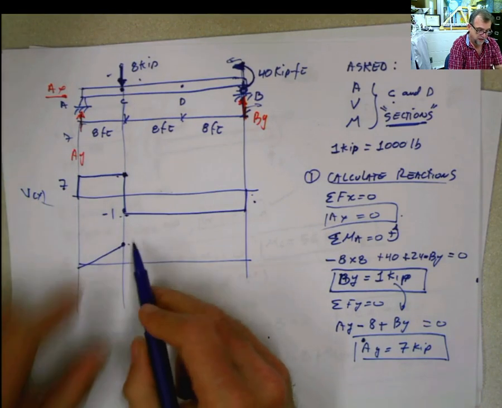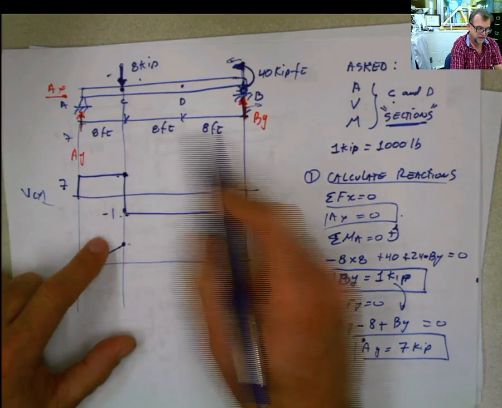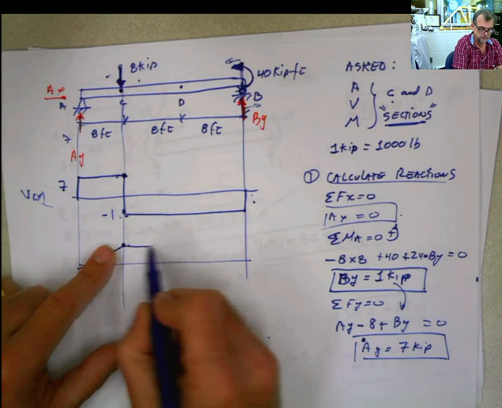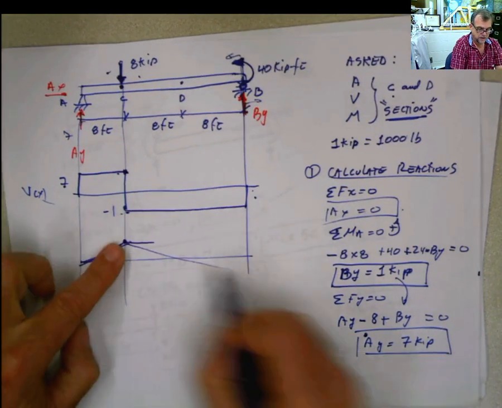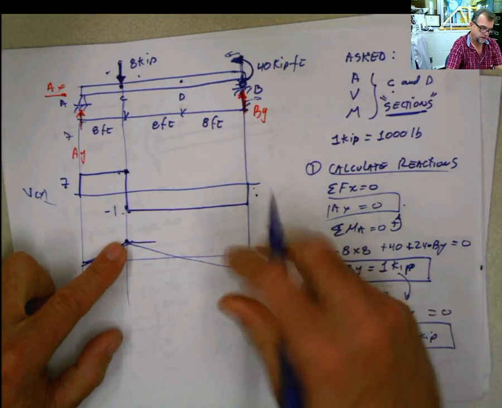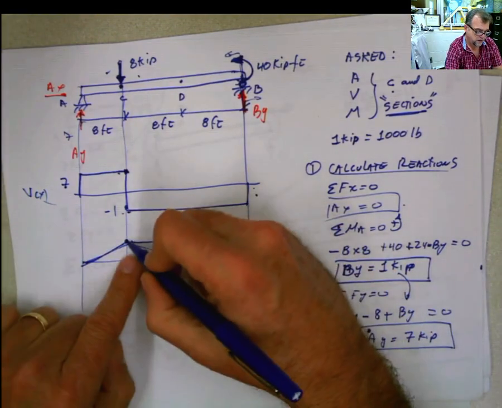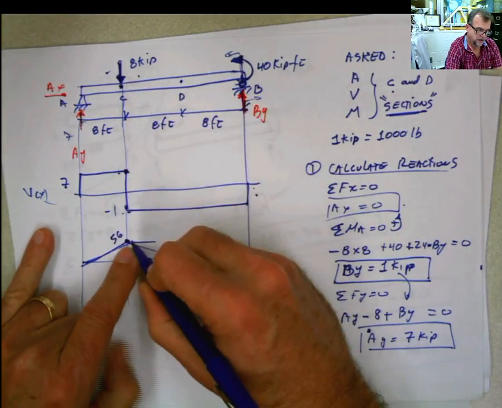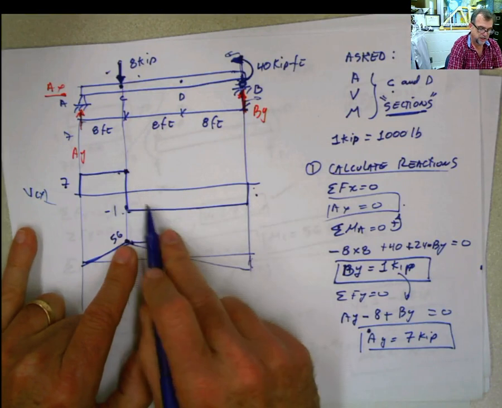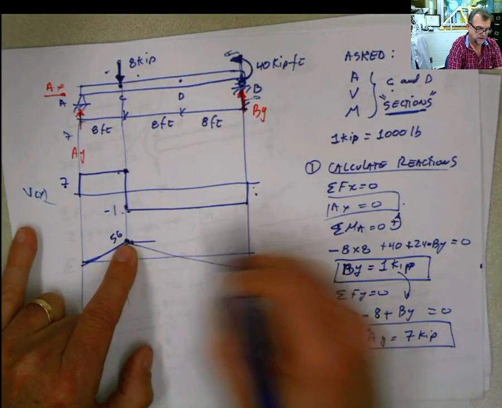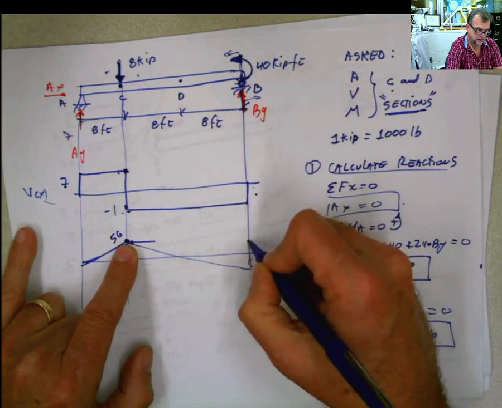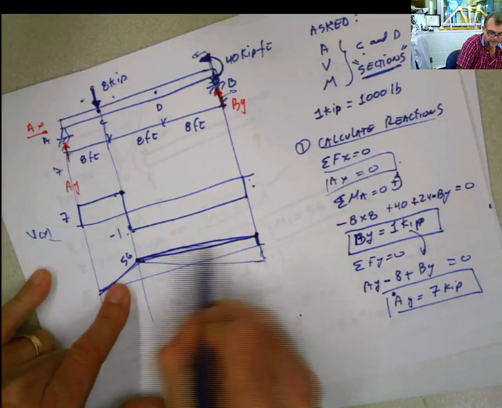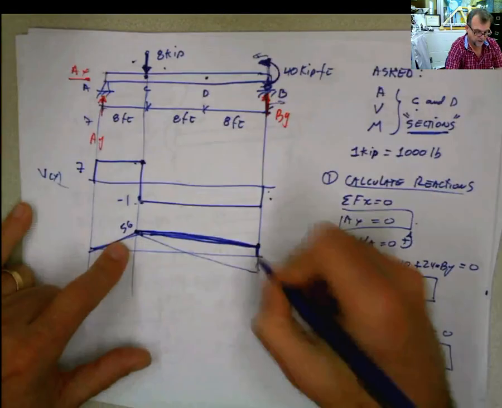This value here is 7 times 6, 56, and from here it's going to continue because there's nothing that makes me change it, and this is -1 times 6, 16. This is 16 here, 16 up to this point, and then it's going to close like that. That's what's going to happen there, and it's going to close here.